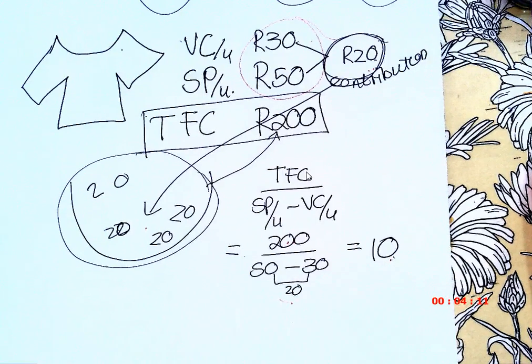Would you want the units that you need to break even to be more or less? Less. So in other words, if this goes down to 7 units, then I'm very happy because now it means I break even sooner, which means I start to show a profit quicker.